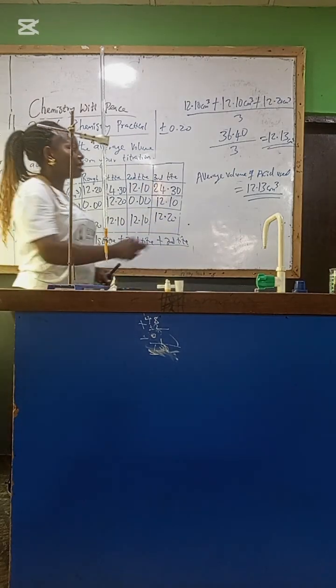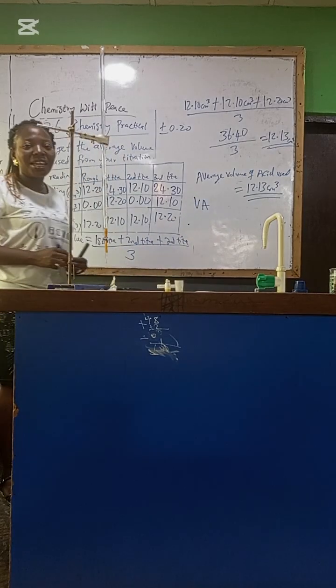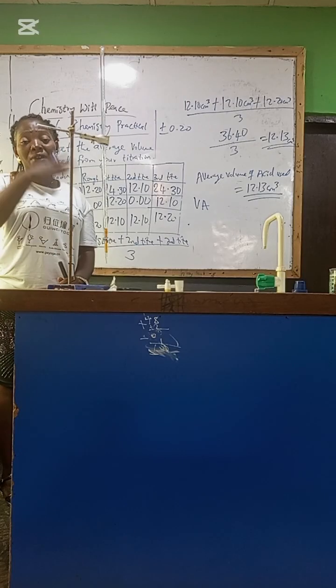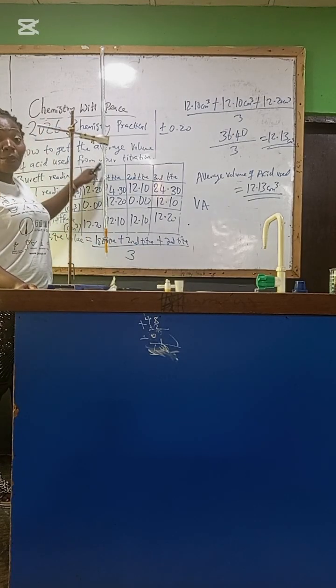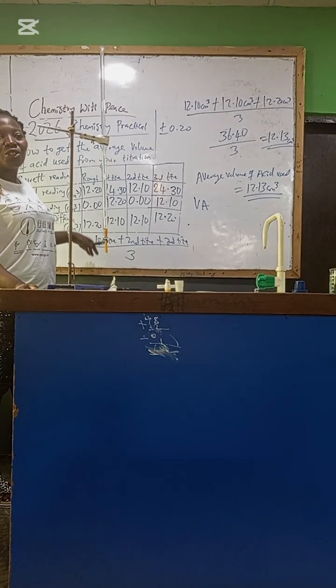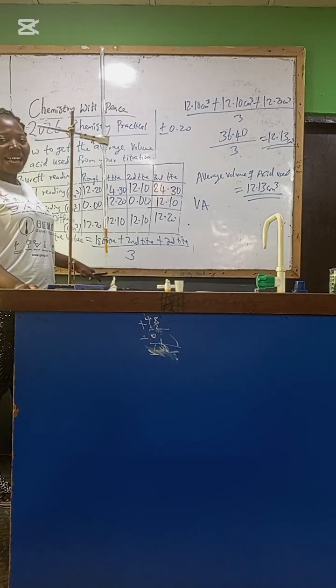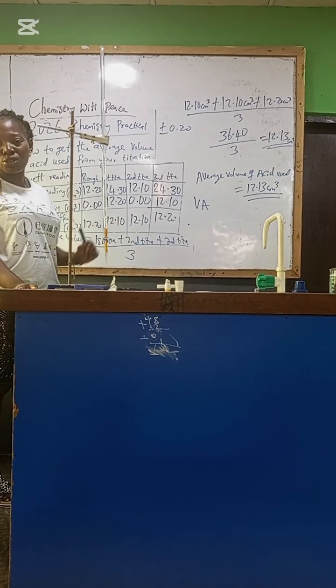So at this point, this average volume of acid is the VA, and we are using the VA to solve other questions. Even aside from solving other questions, from this table alone, you are getting not less than 8 marks. I think you can get up to 12 marks from this table alone. So you must not fail it.